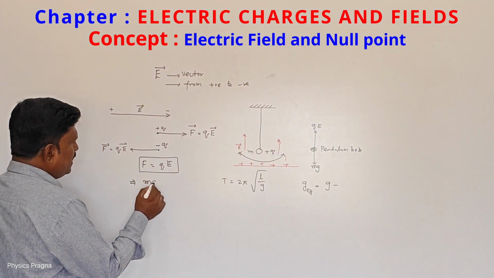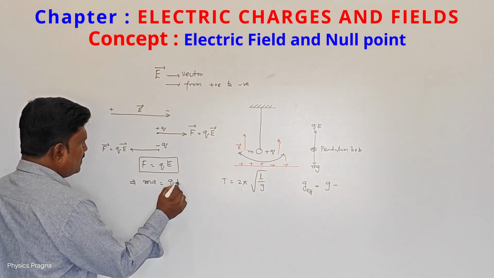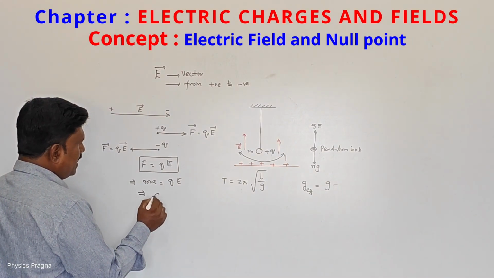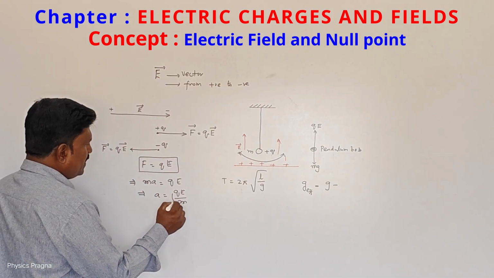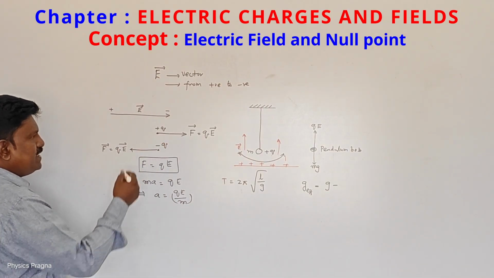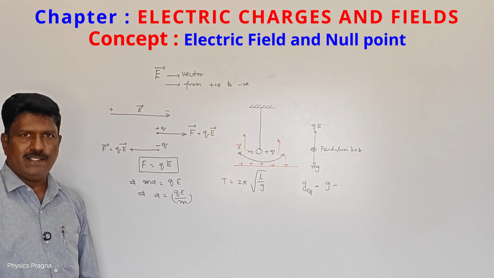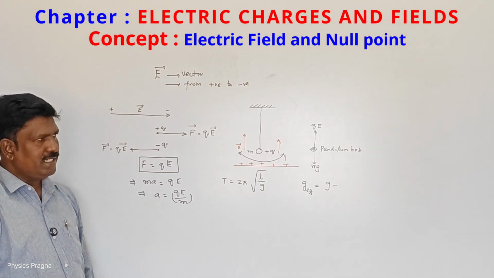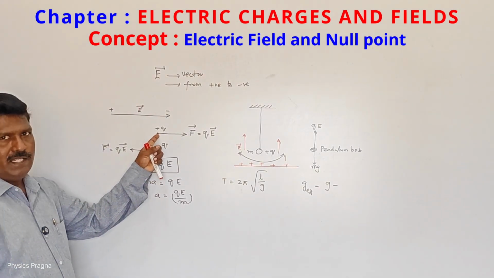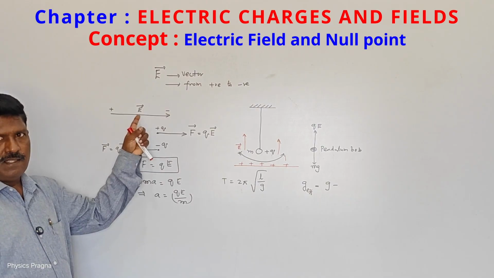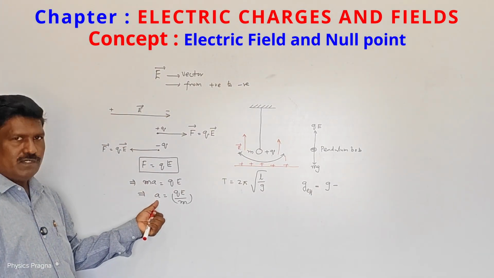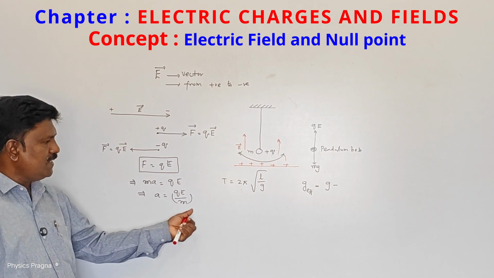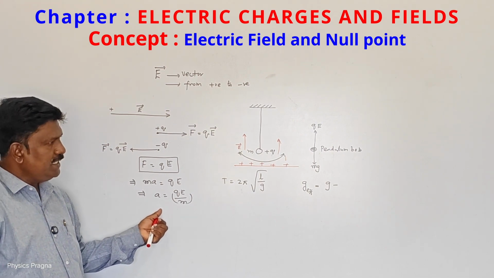F is equal to ma if I write, a is equal to QE by m. This is the acceleration which a body acquires whenever force acts on it. So if any charged particle is there in the electric field, the field applies force. Because of the force, the acceleration acquired by the charged particle is QE by m.